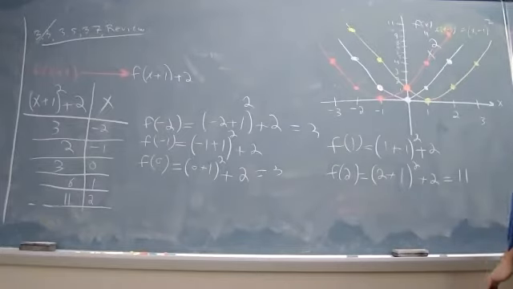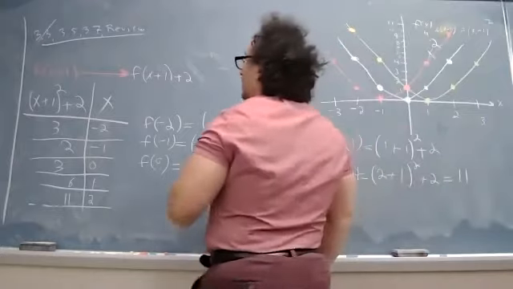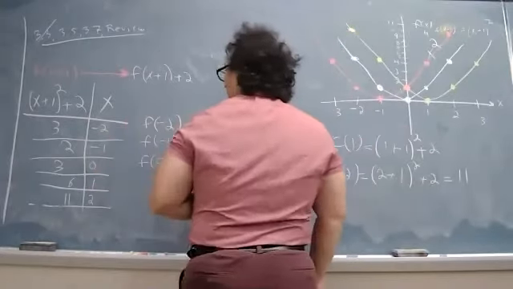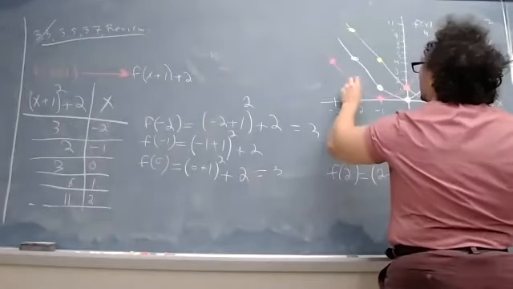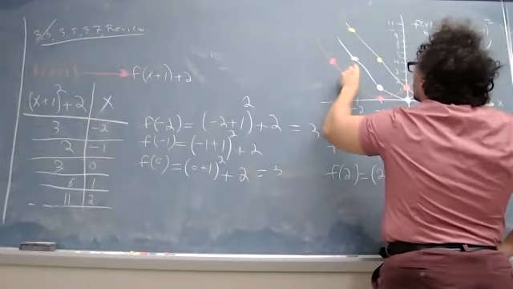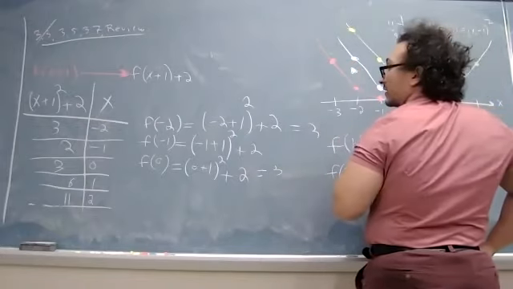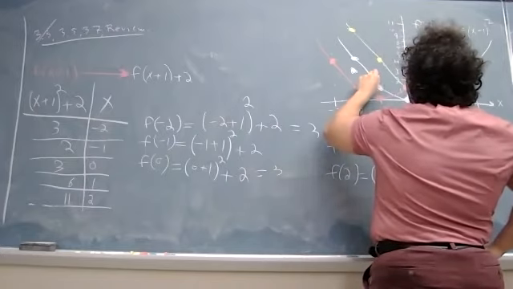Okay, so here's our new graph. All right, let's see. I go to -2, I find a 3. I put a dot. I go to -1, I find a 2. I put a dot.